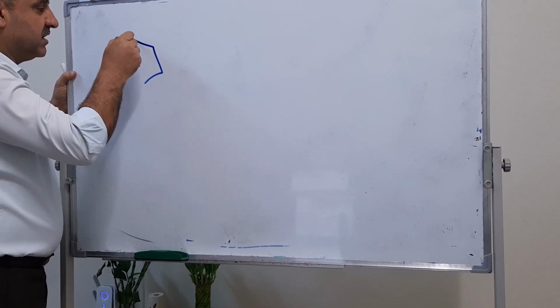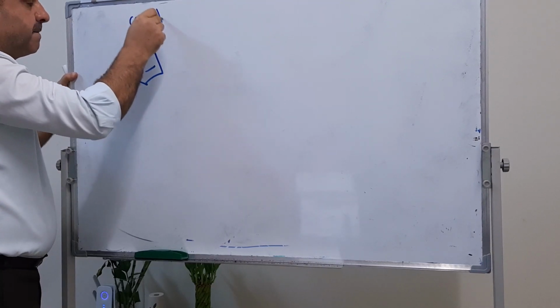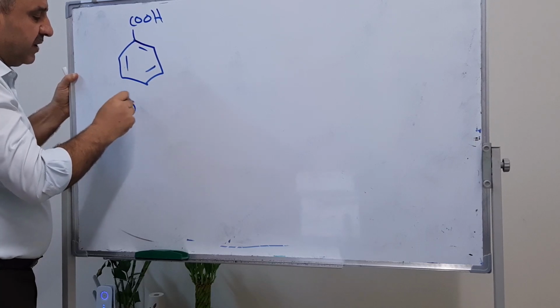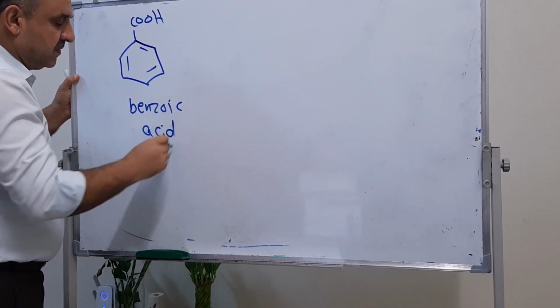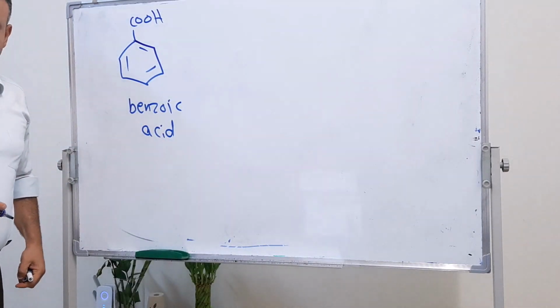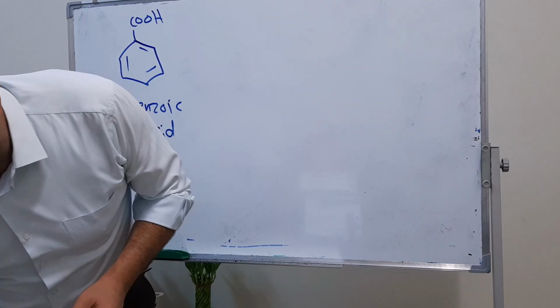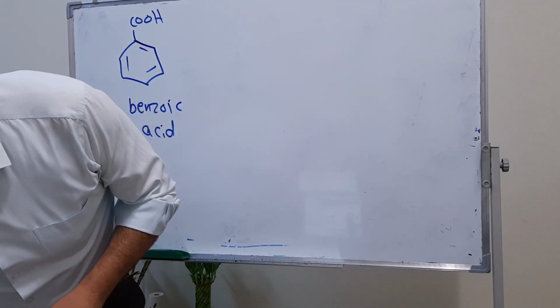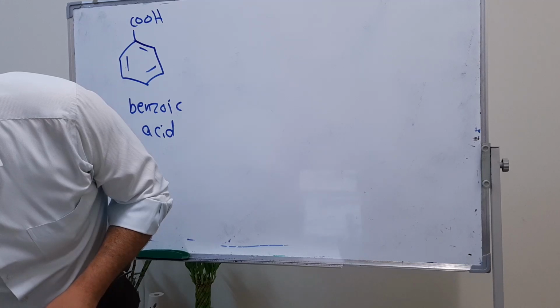If we have carboxylic acid attached to the benzene, we call it benzoic acid. So it's no longer a benzene system. Do you follow me, guys? Is there any question so far?